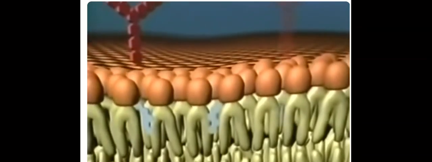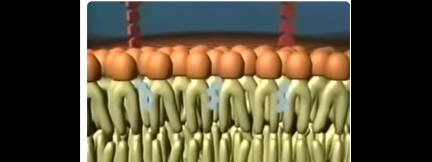There are a lot of different proteins and cholesterols and glycoproteins embedded in the membrane. Some of these help keep the membrane slightly rigid, slightly flexible, and some also help molecules and proteins pass through that membrane.